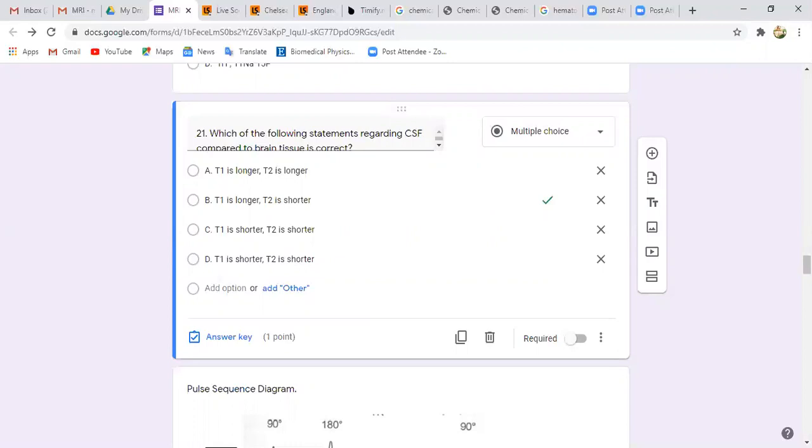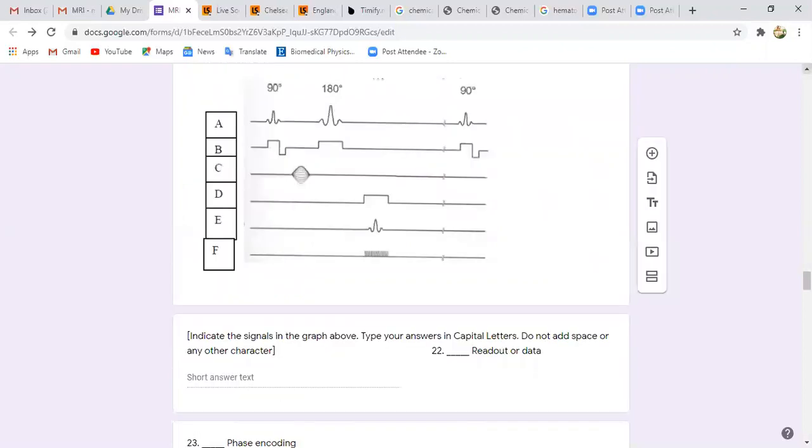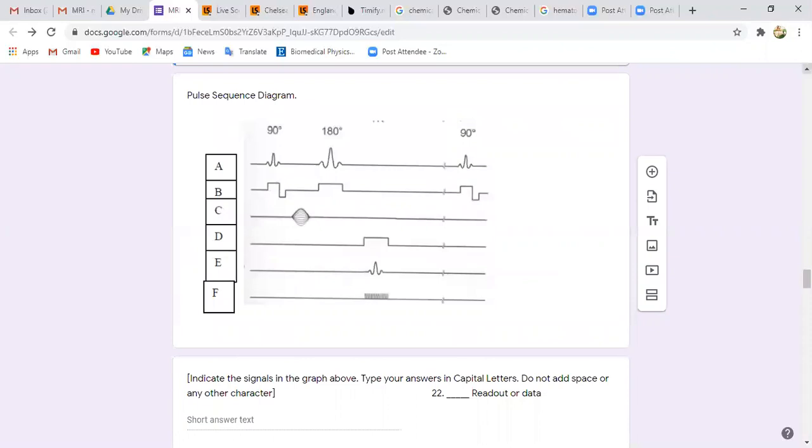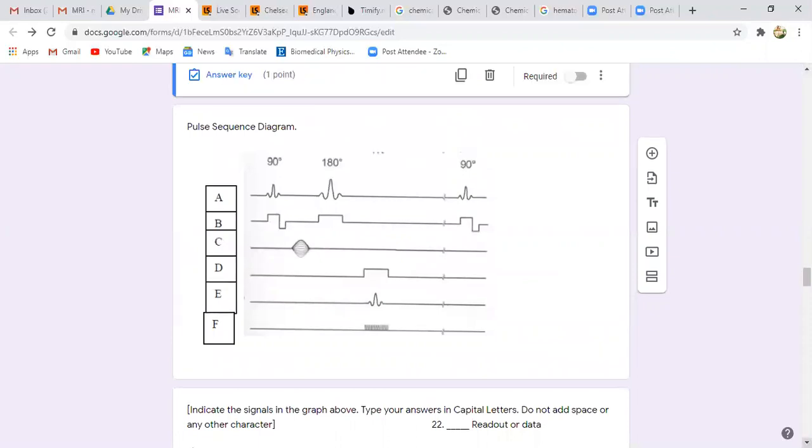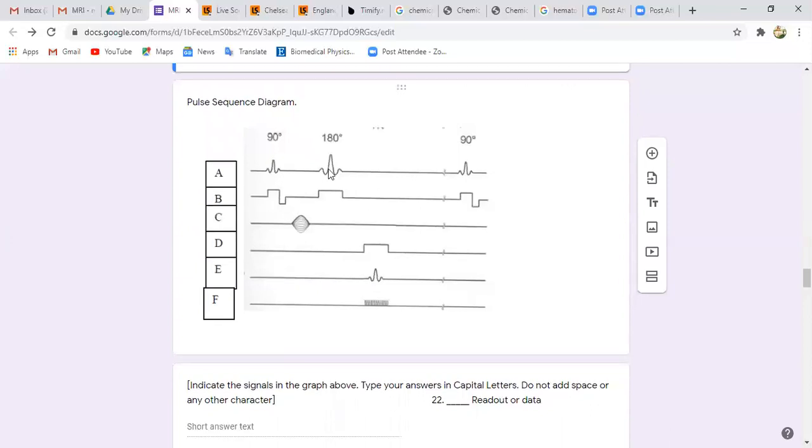This is 9, so we're going to stop by 9:30. For this pulse sequence diagram, A is our signal. This one is our slice selection gradient; you can see selective, and this is slice selective at 90 degrees. This is our phase encoding gradient.